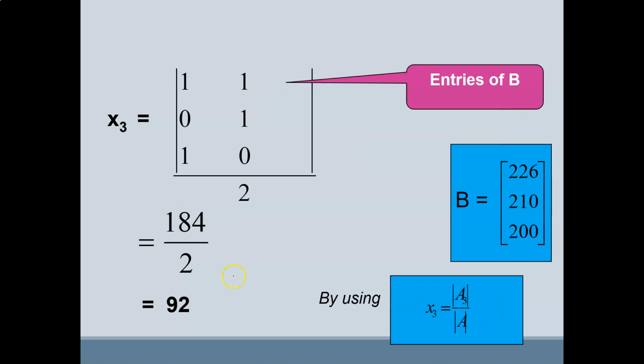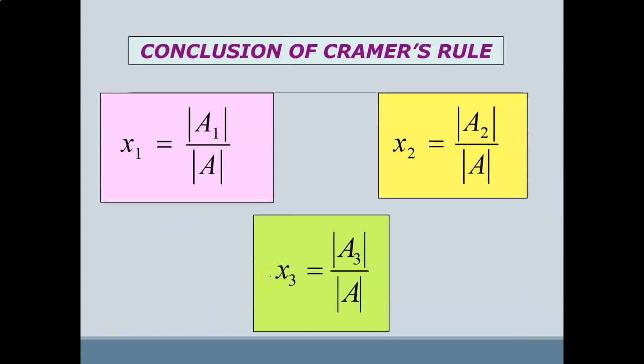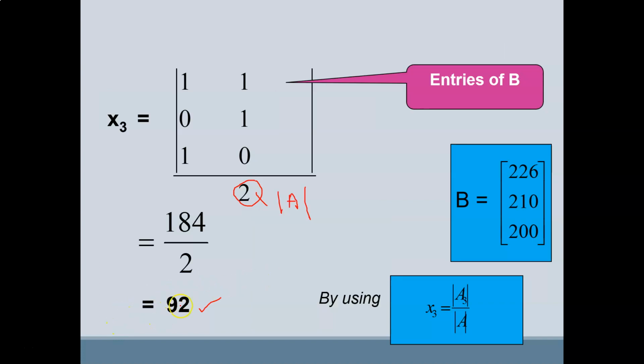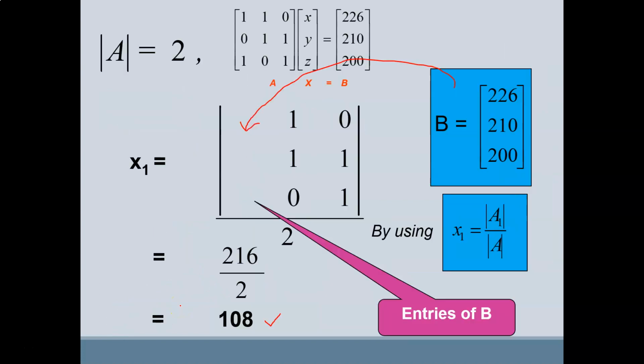For the last one, you replace the third column of A with B, and divide by the determinant of A. You find that X3 is equal to 92. So 92 is for the biology book, 118 is for maths, and 108 is for the English book.